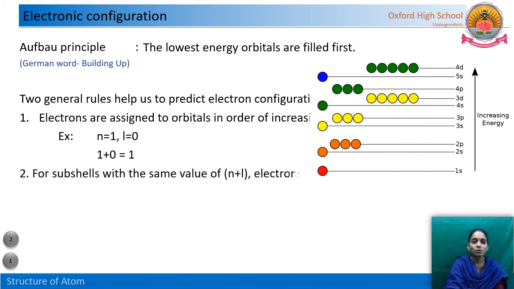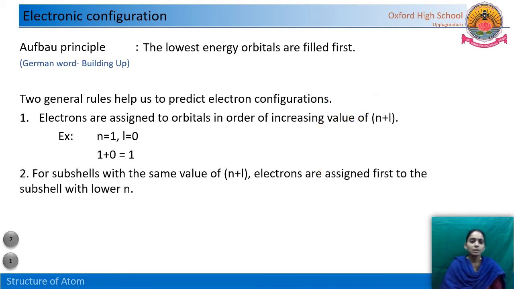What is the second rule? For subshells with the same value of n plus l, electrons are assigned first to the subshell with lower n. If we calculate the n plus l value and get the same value for two subshells or orbitals, then we have to consider the principal quantum number n.